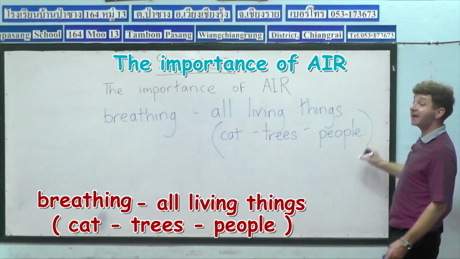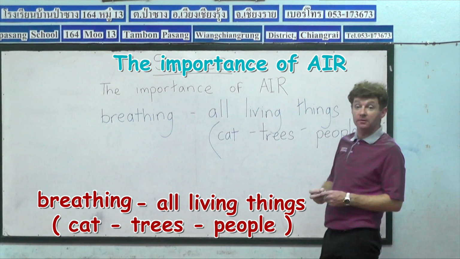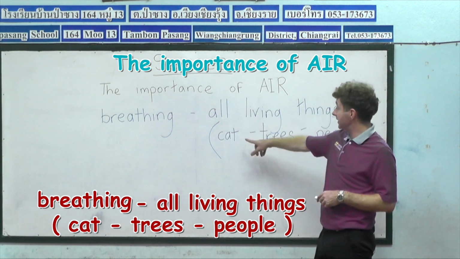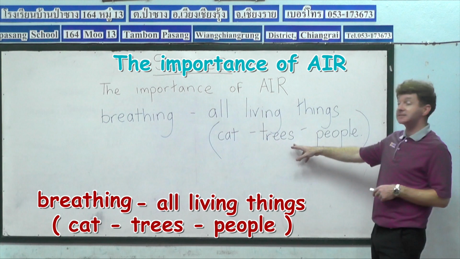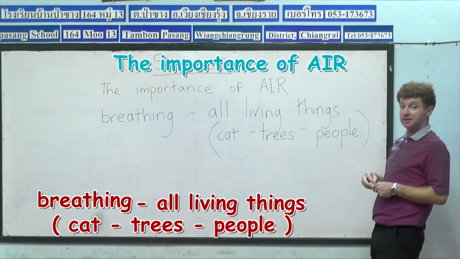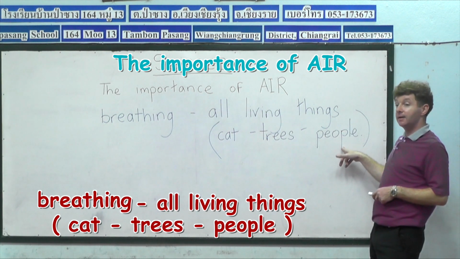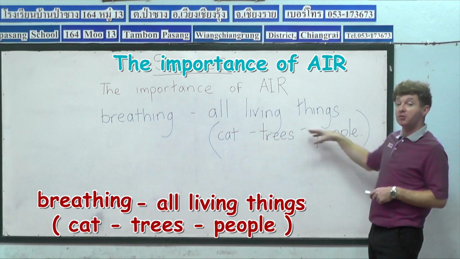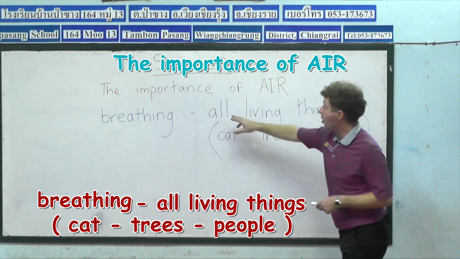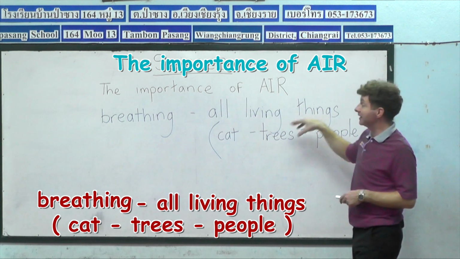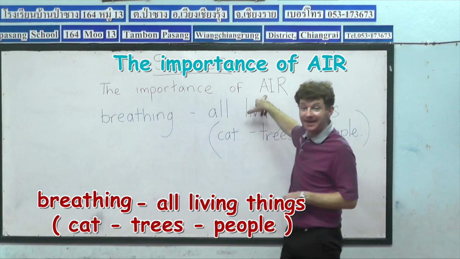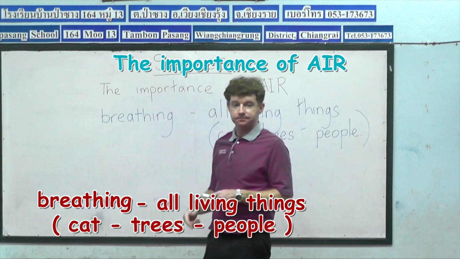P-E-O-P-L-E. Excellent. So we've got animals, and an example of an animal is cat. And we've also got trees and flowers. And what are we? People. And these 3 things make up all living things. All living things need air to survive.